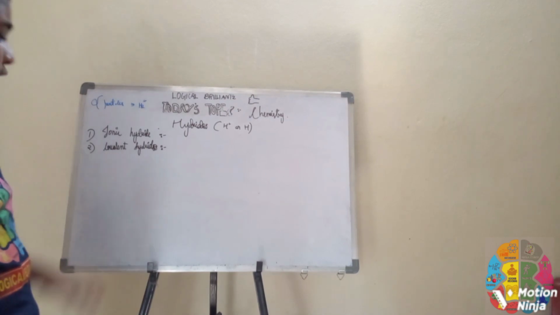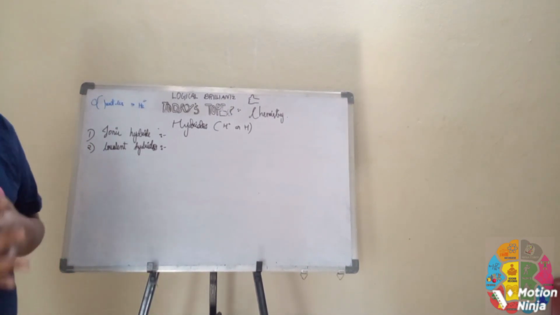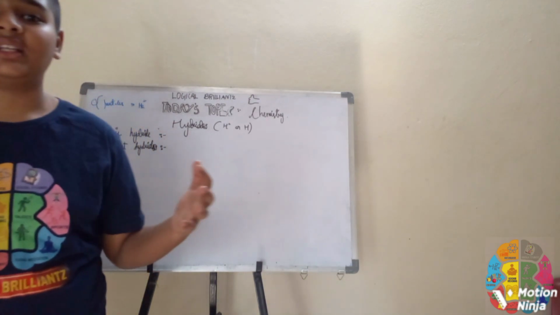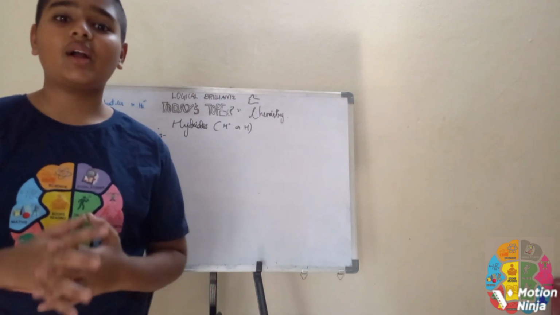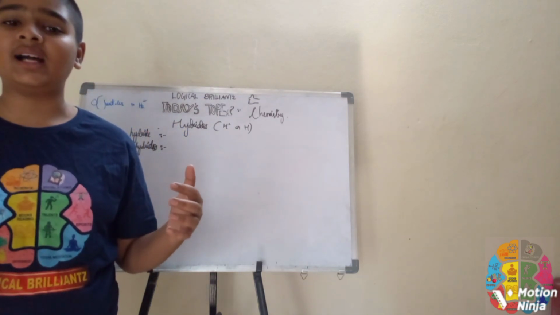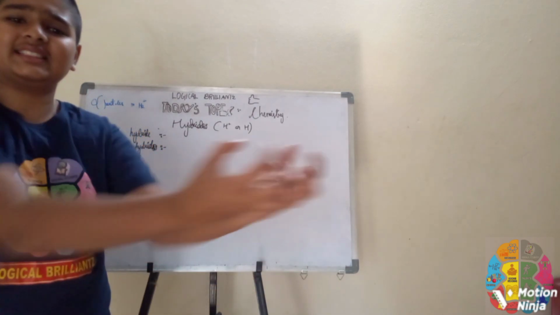And the second one is covalent hydrides. What are covalent hydrides? Covalent hydrides form when hydrogen combines with an element which is more electronegative than hydrogen. What is electronegative? As I said, an electronegative element is one having the ability to pull electrons towards itself.